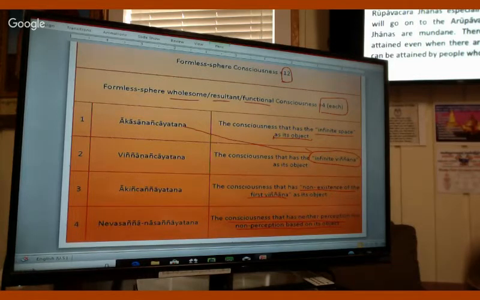That person, because they don't want the material, is trying to keep away from the material. They think material is a problem. So they think the body is a problem.